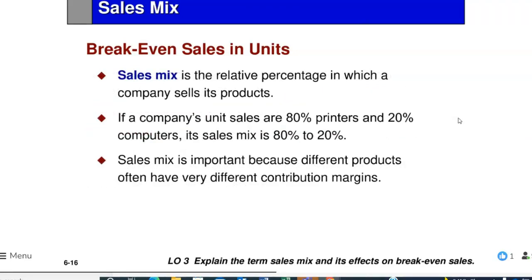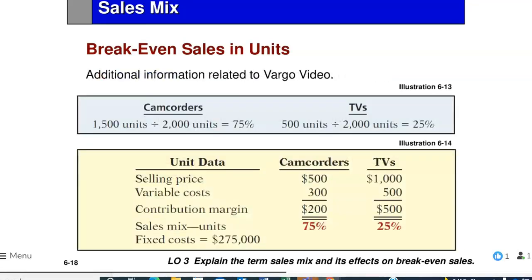So the sales mix is the relative percentage in which a company sells its products, and we just figured that out. If a company sells 80% printers and 20% computers, it has an 80-20 sales mix. This is very important, and we assume it remains constant, and it usually does from year to year. So back to Vargo.